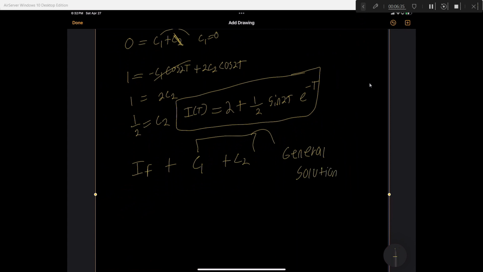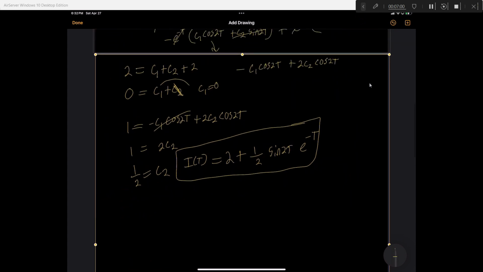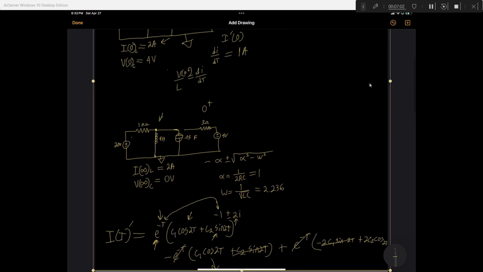Like you'll have C1, let's say e to the negative 5t plus C2 t e to the negative 5t plus I final. I final will always be over here in your final answer, but usually it'll be 0 in most cases. But for this one, it's because the inductor starts off at 2, so you have to have that plus 2 as it travels.